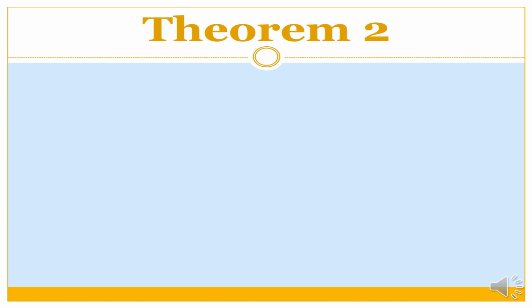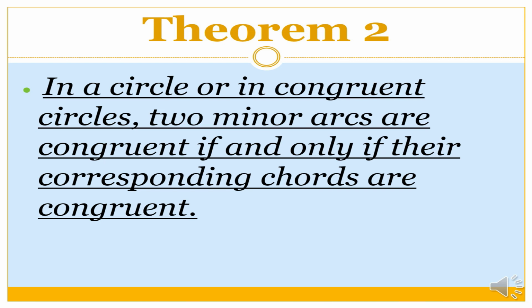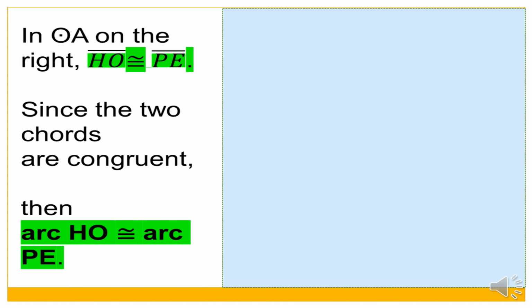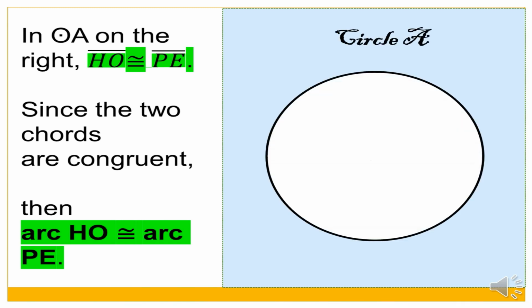Then, let's proceed to theorem number 2. In a circle or in congruent circles, two minor arcs are congruent if and only if their corresponding chords are congruent. To illustrate, let's have circle A on the right.